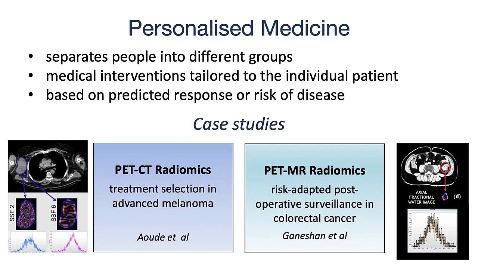One is a PET-CT based method for treatment selection in advanced melanoma from the Translational Research Institute and the Princess Alexandra Hospital in Brisbane. And the other is a PET MRI radiomics approach, which has potential application for risk-adapted post-operative surveillance in colorectal cancer from University College in London.